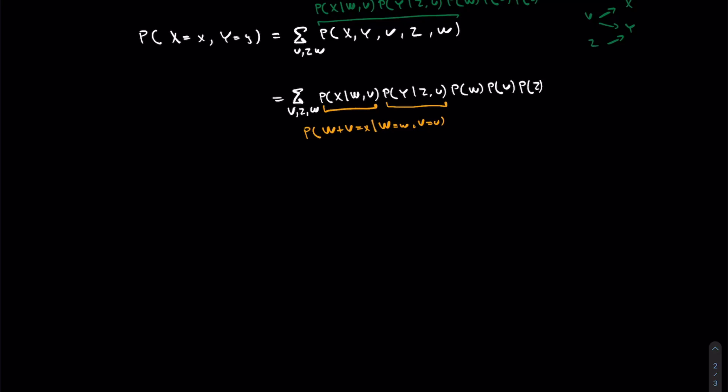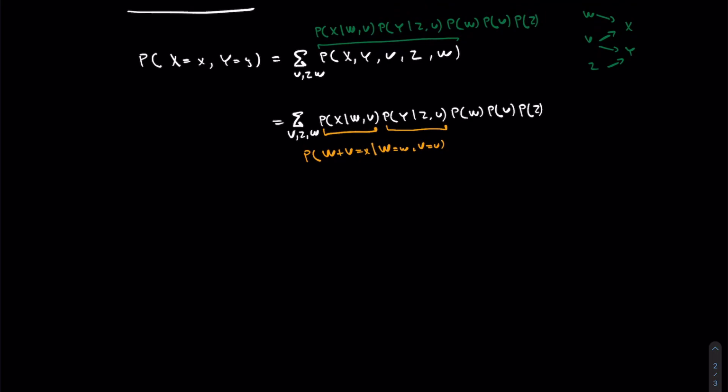Let's also write out the values. We know that X equals V plus W, and we know that Y equals V plus Z, which is basically an equation system.